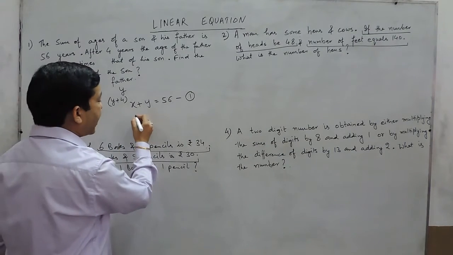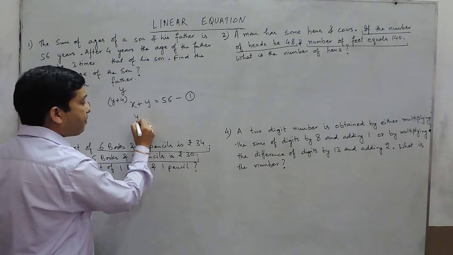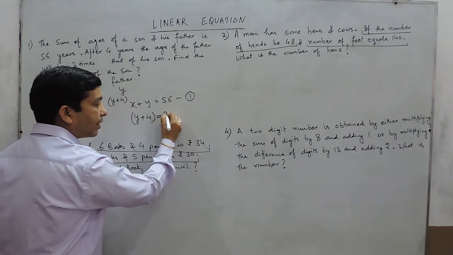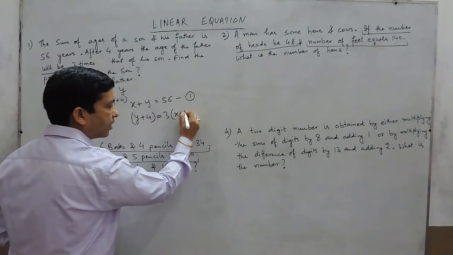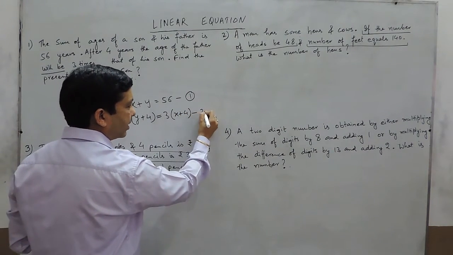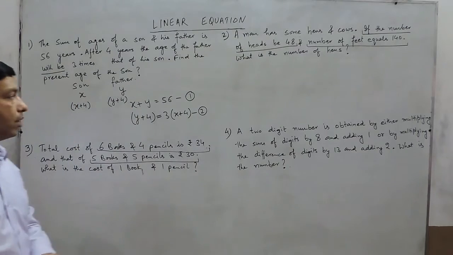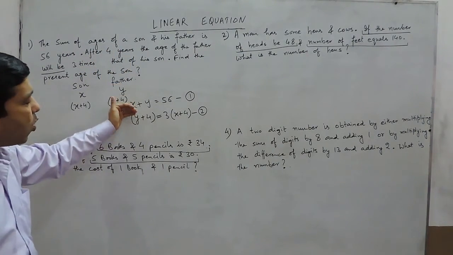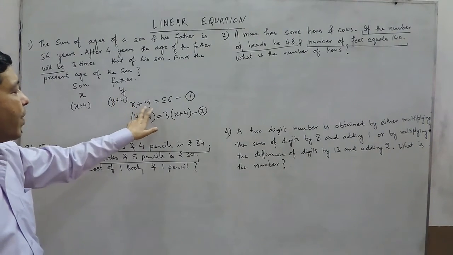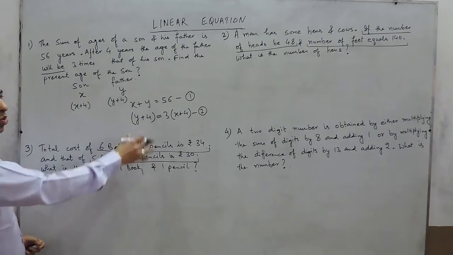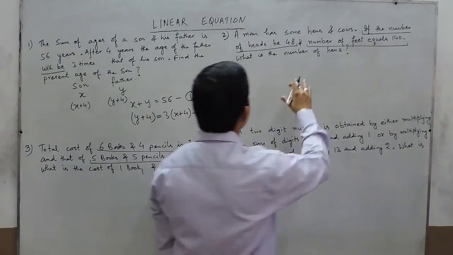That means y plus 4 is equal to 3 multiplied by x plus 4. This is the second equation. So for two statements, we can make two equations, and there are two variables x and y. In the next video we will talk about how to solve these equations.